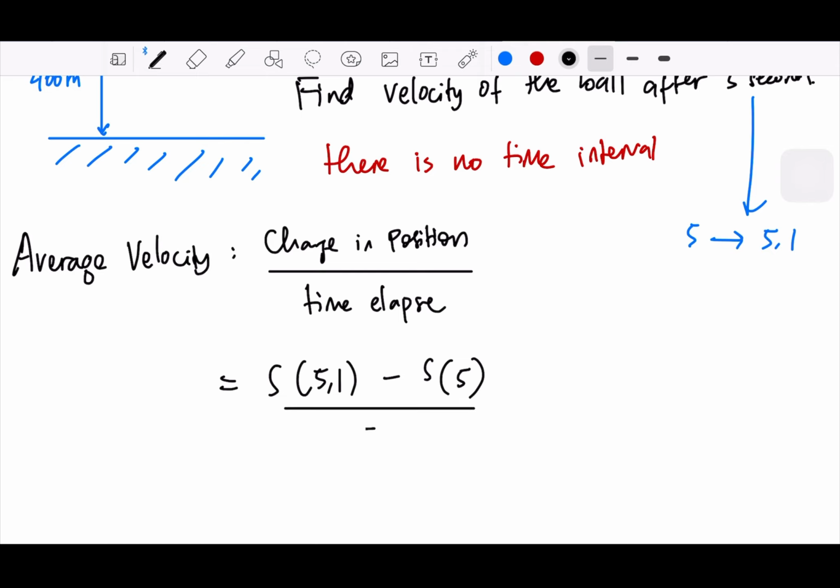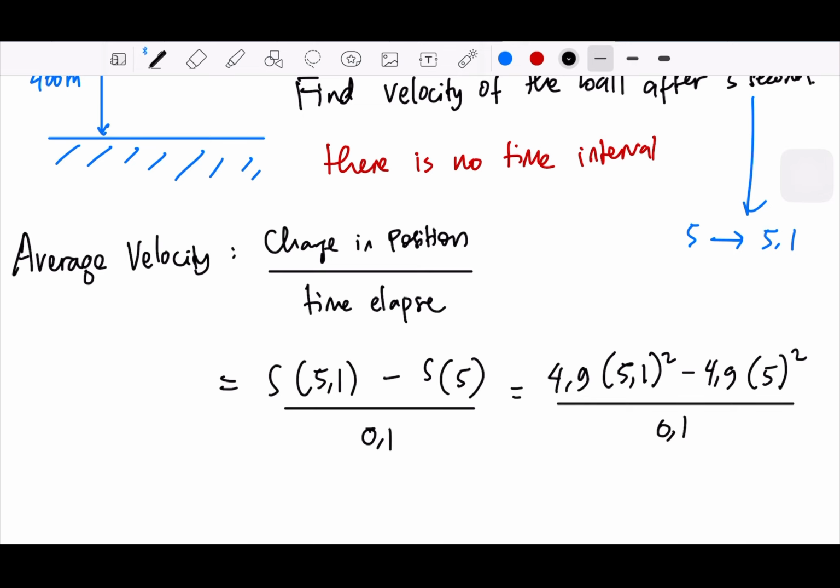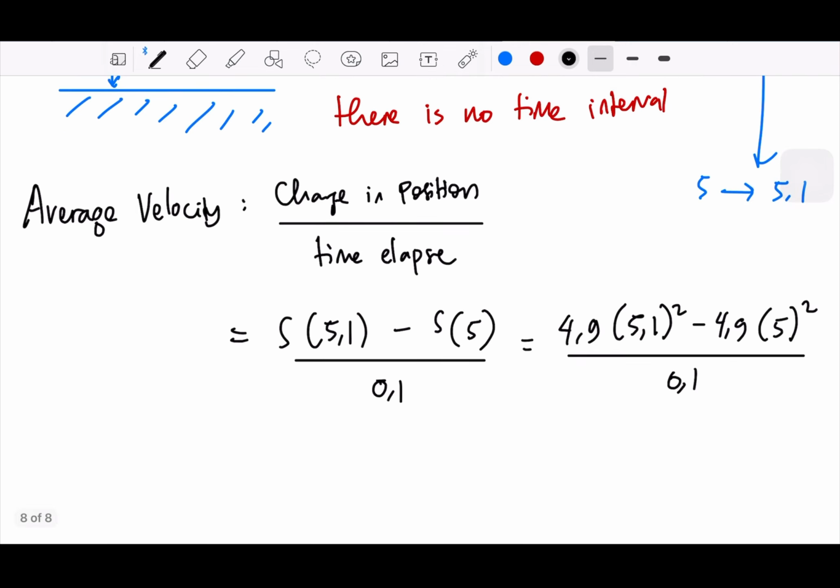So we can take this into some calculation, and this will result in 0.1. And we can input our formulation. You can check if you want, but the result is around 49.49 meters per second. Okay, that is from 5 to 5.1.